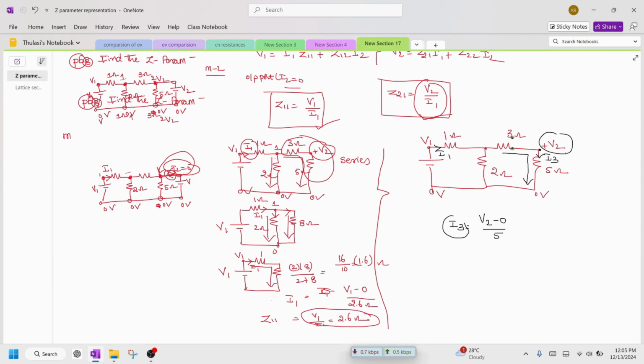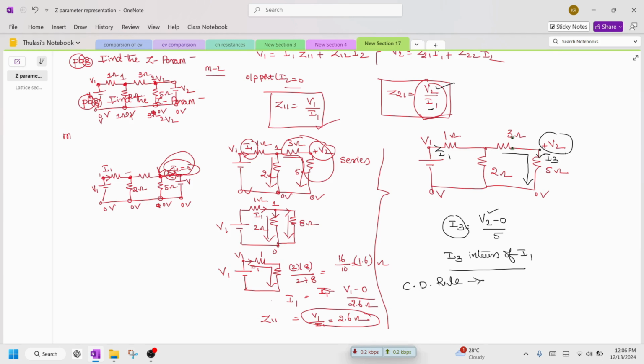But here the problem is we have got V2, that's okay, but I3 we don't want, we require I1. So we need to express I3 in terms of I1. How to do? I'm going to find the current in this branch using the current division rule.